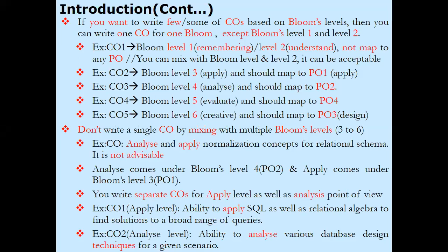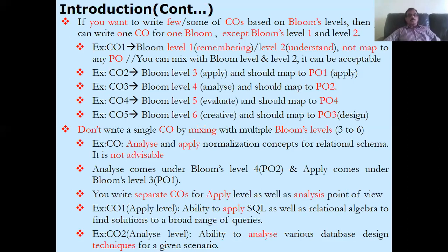By considering Bloom's level 5, in the sense of evaluate, you can write CO4, then you have to map this particular CO to PO4. In case you're writing one of the COs with the help of Bloom's level 6, meaning the create level, then you can write CO5. Then with respect to this CO, you have to map it with PO3, in the sense that it is a design level.